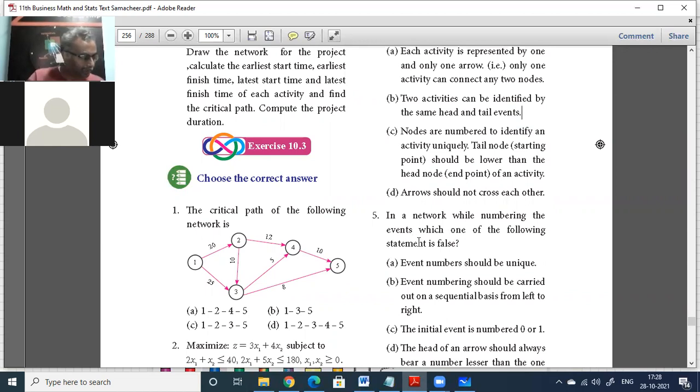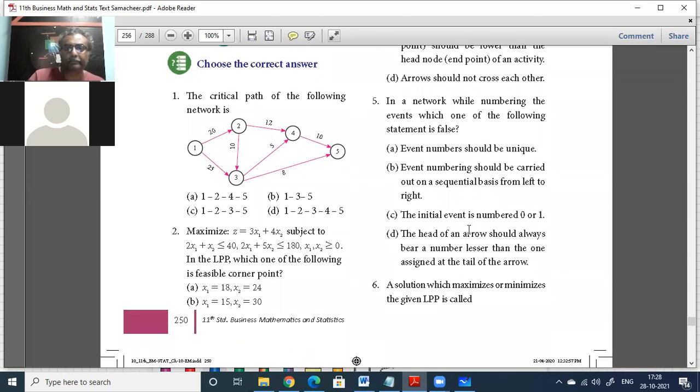Five. In a network, while numbering the events, which one of the following statements is false? Event number should be unique. That is true. Event numbering should be carried on a sequential basis from left to right. That's also true. The initial event is numbered 0 or 1. That's also true. Then D is wrong.